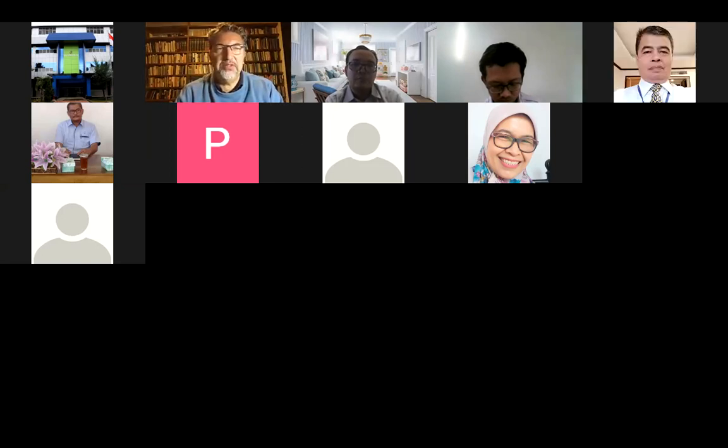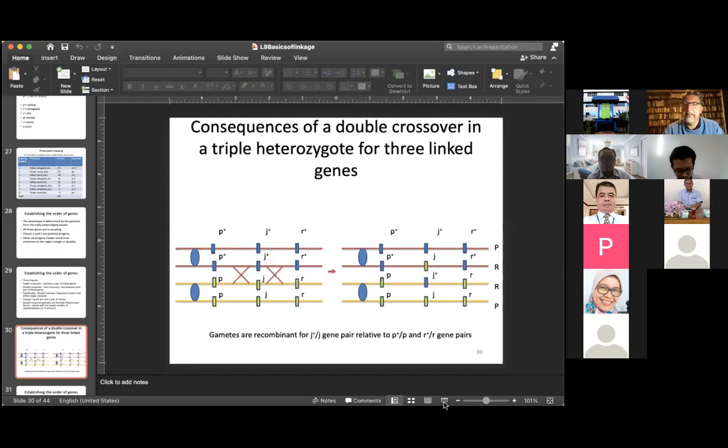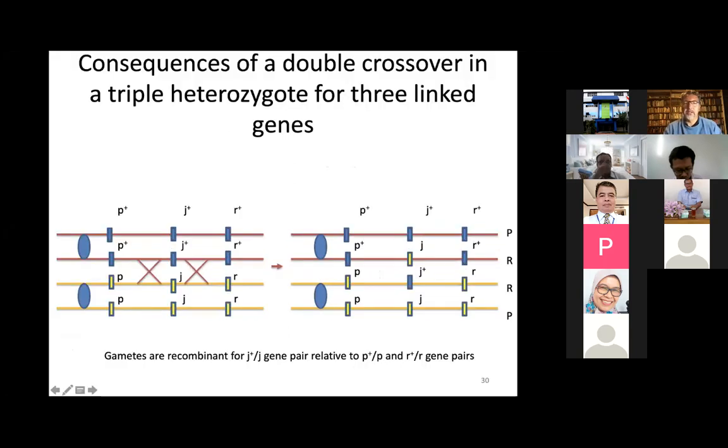So let's continue. A few more slides and then we go to the other discussion. Okay. So what I was showing you here is about the change in the allele in the middle, in the gene in the middle, after we have a double crossover, one on each side of the gene.